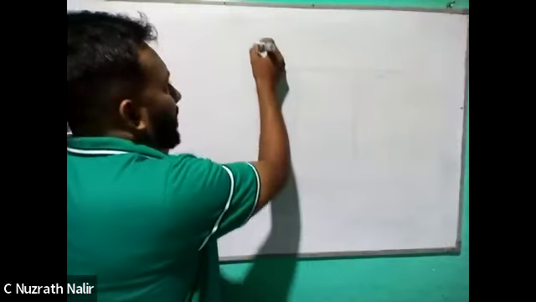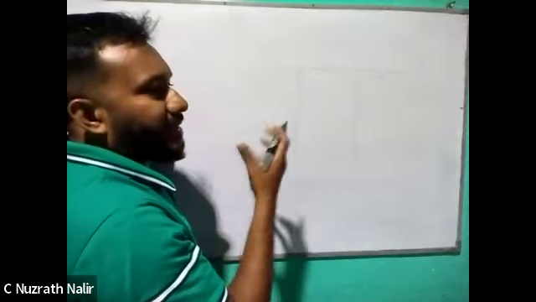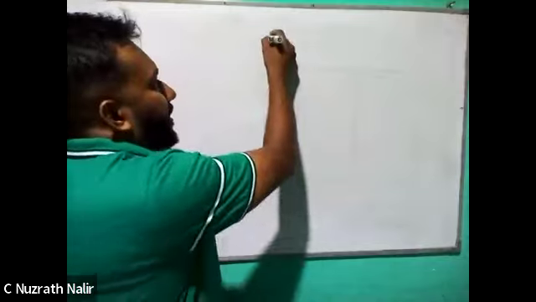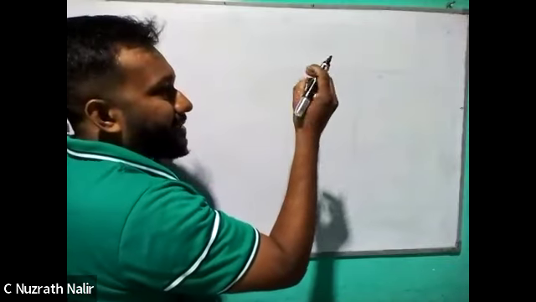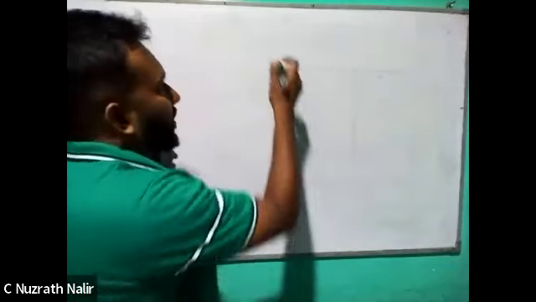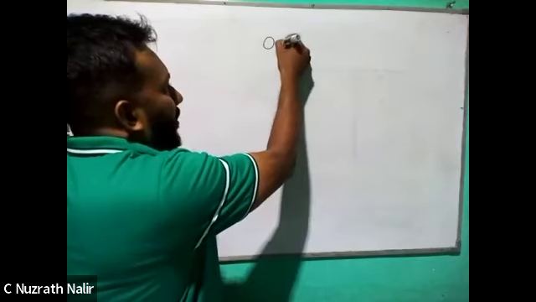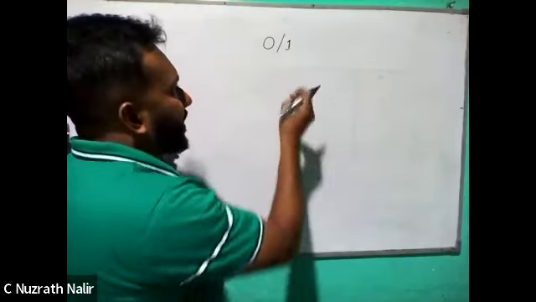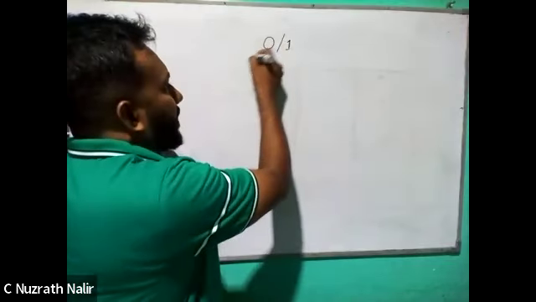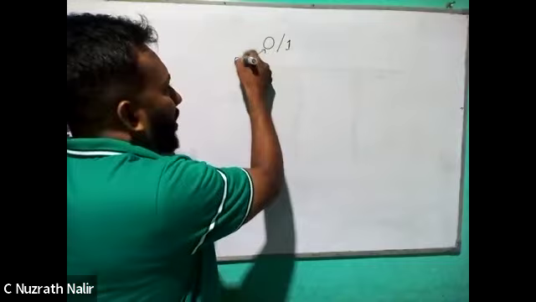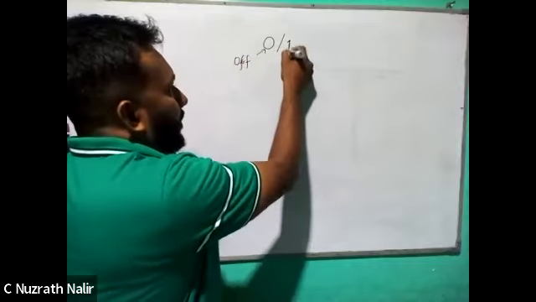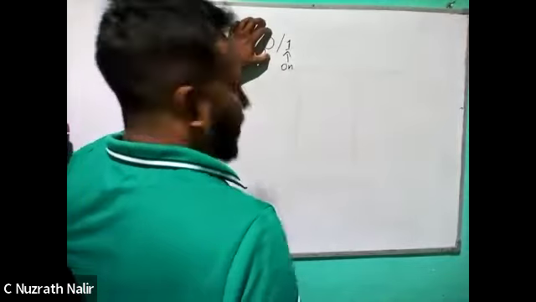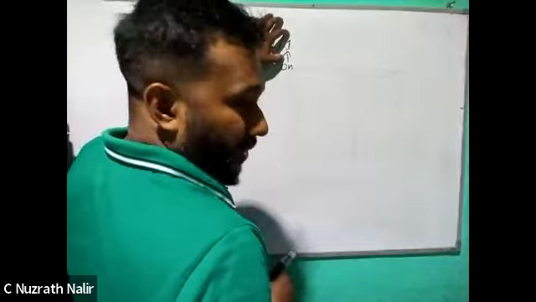Because we call it data, all the world's data can easily be decomposed into 0 or 1, because all of the bits and the bytes and everything is considered as on or off. 0 means off, 1 means on. You understand, my dear students? 0 means off, 1 means on.